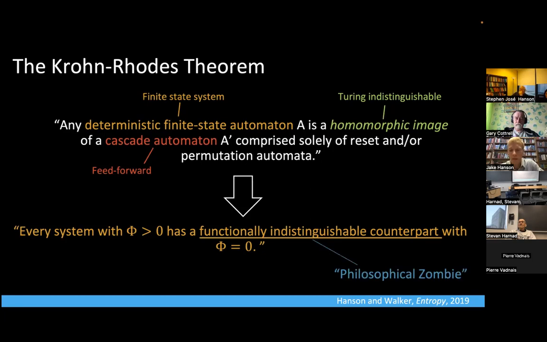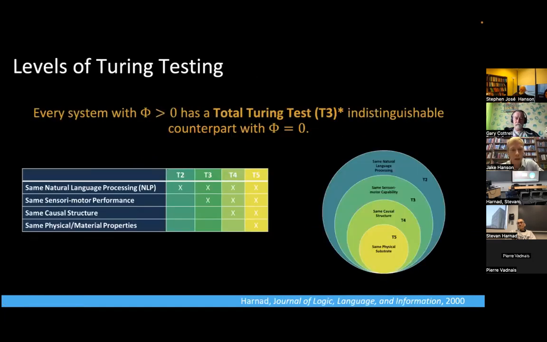And before I forget, I'm going to call these functionally indistinguishable counterparts philosophical zombies sometimes. This is where my work intersects with Stephen's, in the sense that the type of Turing indistinguishability I'm talking about is actually total Turing indistinguishability, or T3. There are levels of indistinguishability.